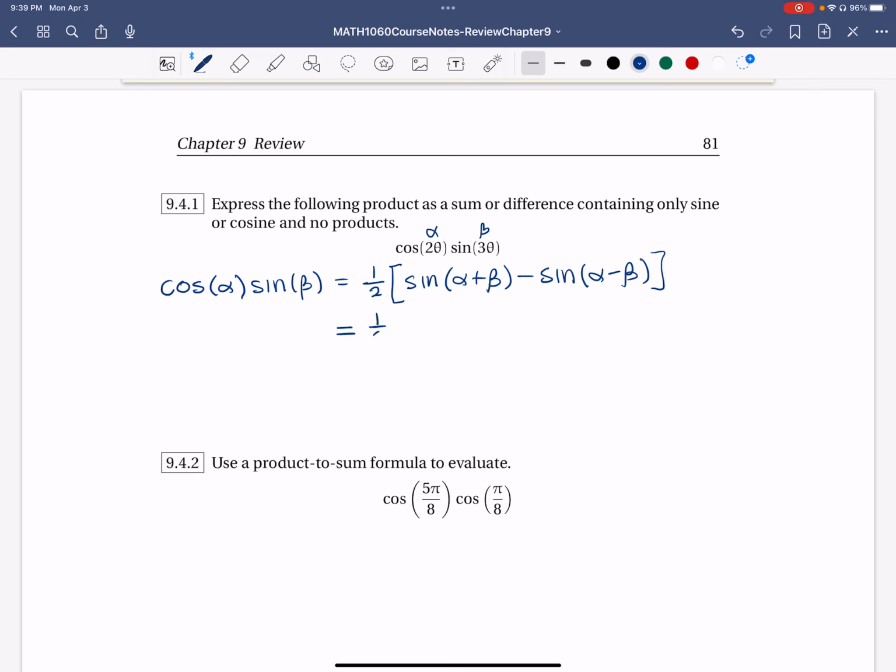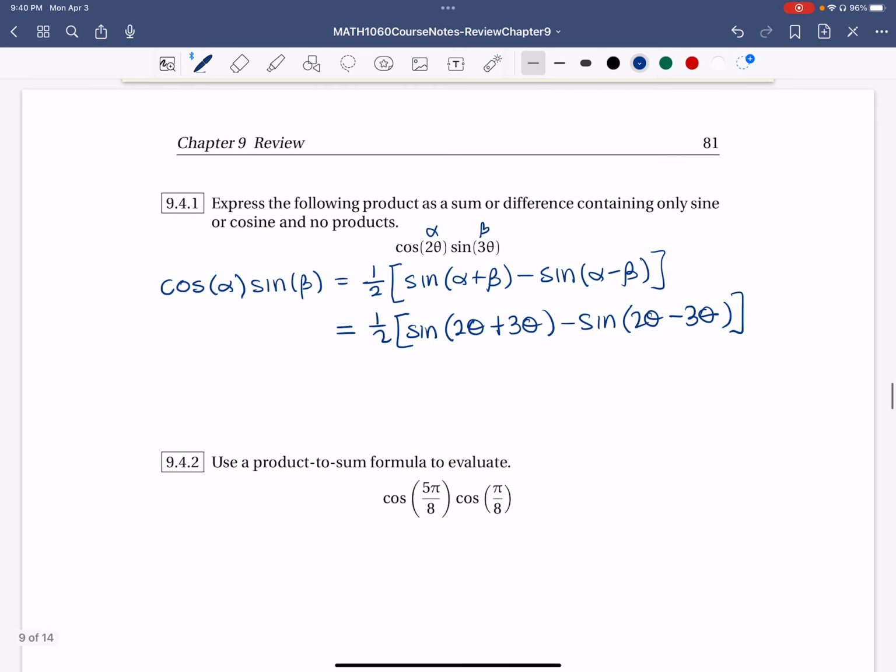So we'll have 1/2 sine of, let's see, alpha is 2 theta plus beta is 3 theta, minus sine of 2 theta minus 3 theta. And so now we'll have 1/2 sine of 5 theta minus sine of minus theta.